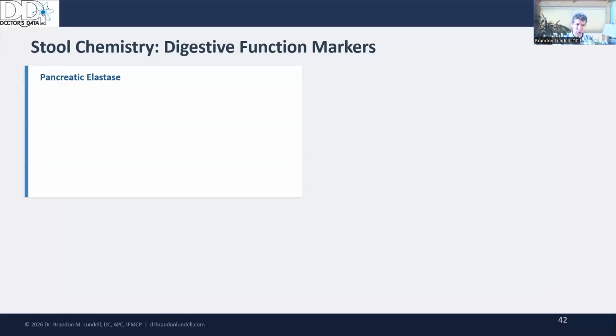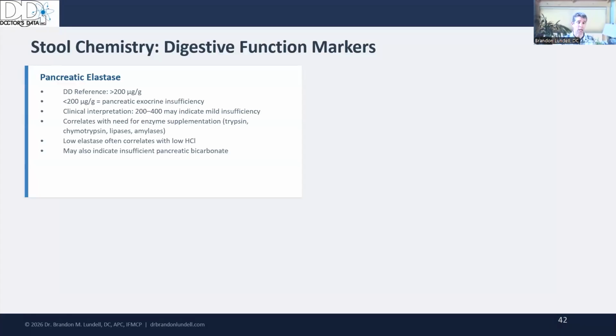Now, stool chemistry. One of my favorite aspects of GI testing is this stool chemistry. It's looking at how your gastrointestinal system is actually functioning, which is really what determines the microbiome in the first place, right? So you can't change the microbiome without balancing the stool chemistries. I'll say that again. You can't change permanently the microbiome without changing the stool chemistries.